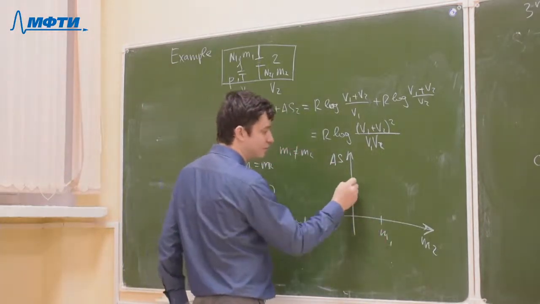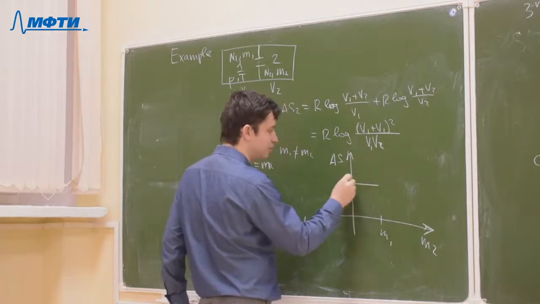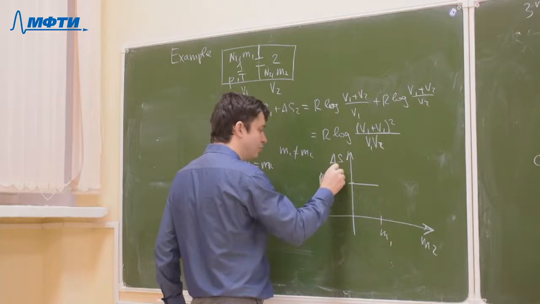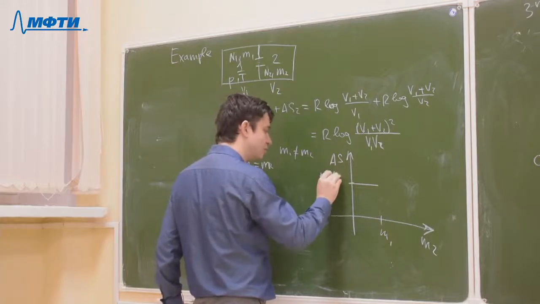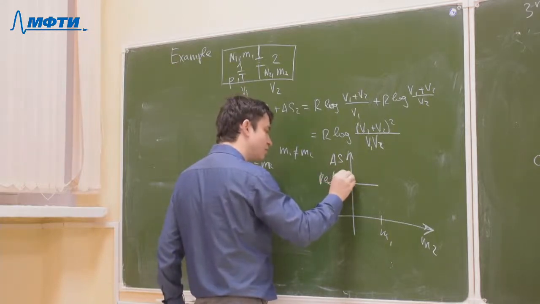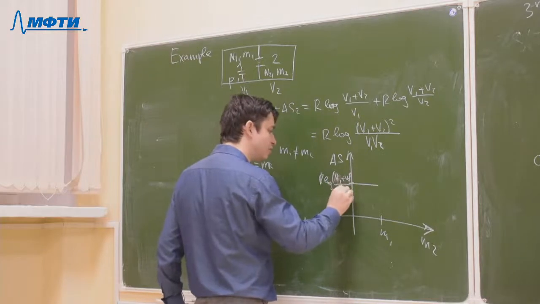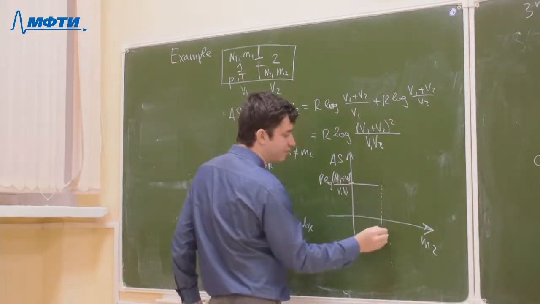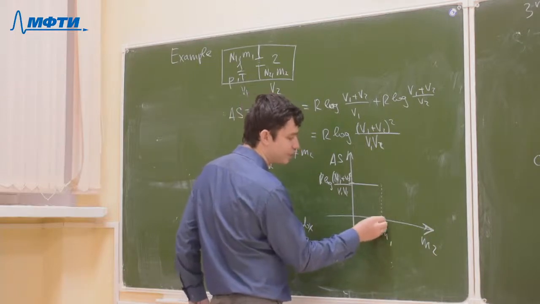This quantity is R log of (V1 plus V2) squared over V1 V2 everywhere except for M1 equals M2.